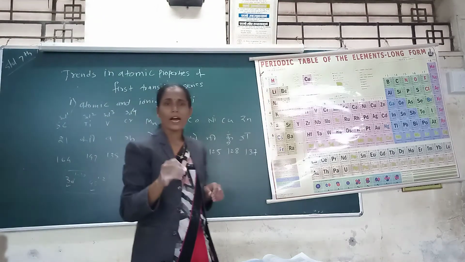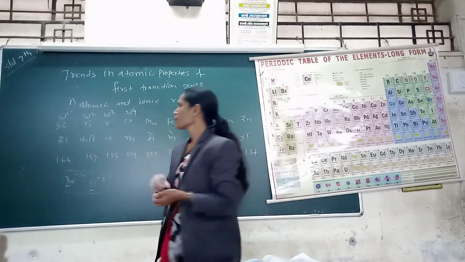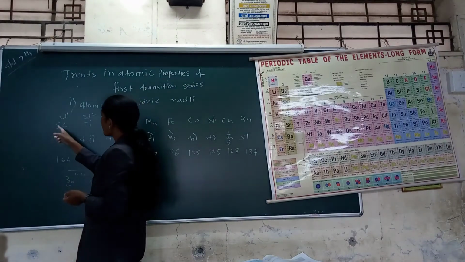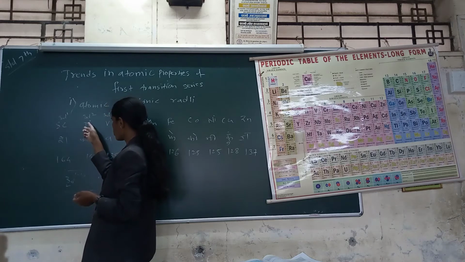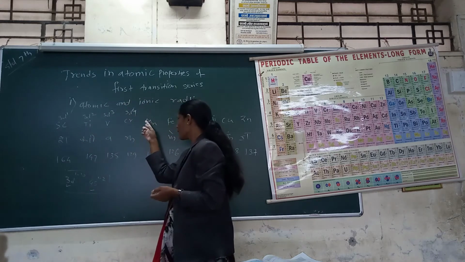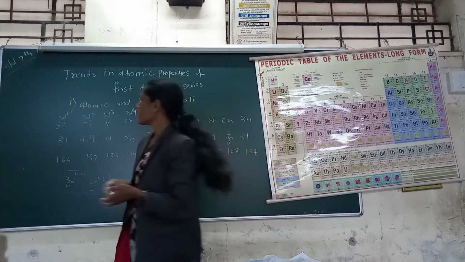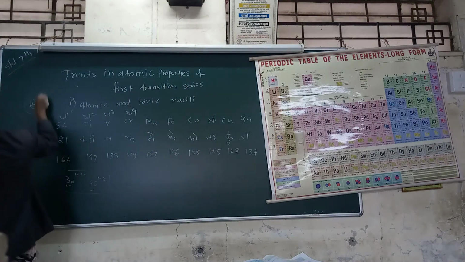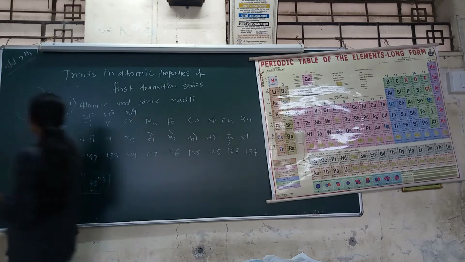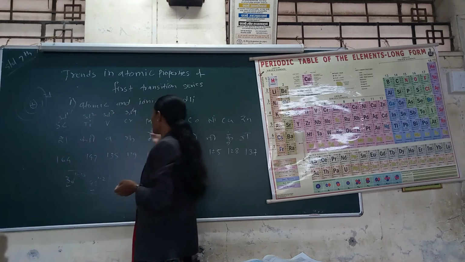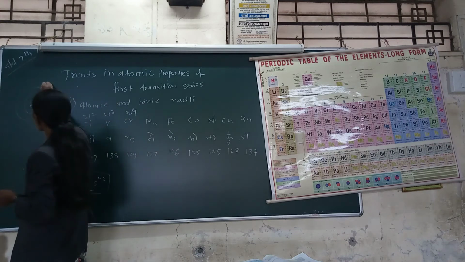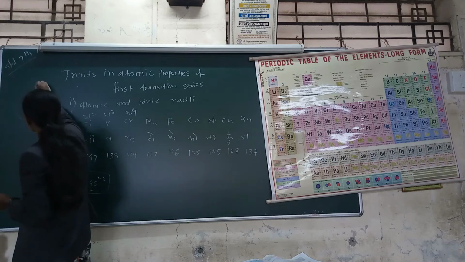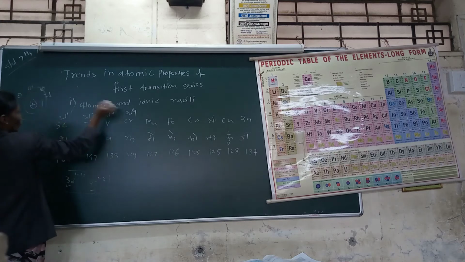When an electron enters, the nuclear charge increases by +1. Consider scandium having +1 nuclear charge, then +2, +3, +4, +5, and so on, while the shell is the same. If this is 3d, all elements have the same last shell 3d, and only electrons enter: scandium 1 electron, titanium 2, vanadium 3, chromium 4.